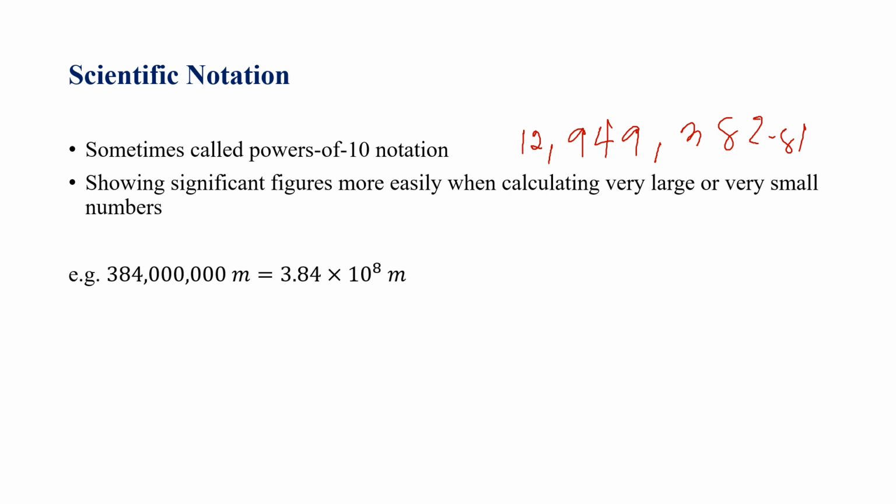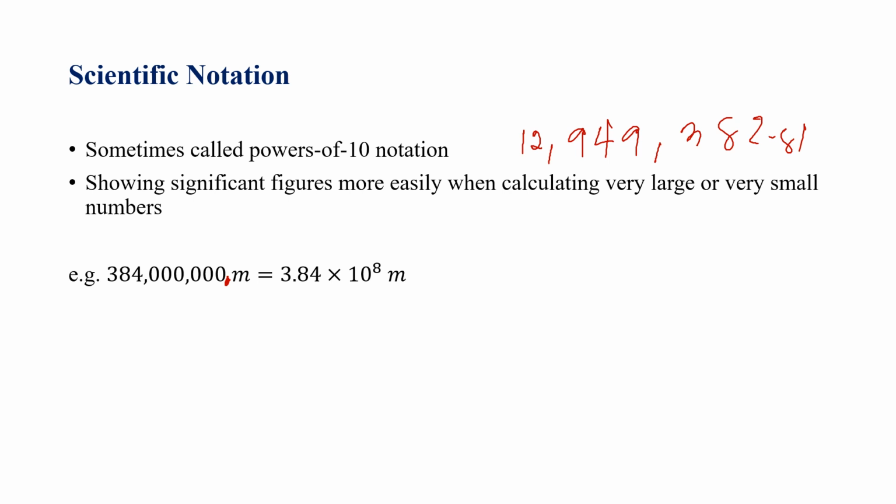As an example, you have here 384 million meters. We can write this as 3.84 times 10 to the 8 meters. If you've forgotten about scientific notation, remember that here you have your decimal point at the side, and then you just move your decimal place to the left.